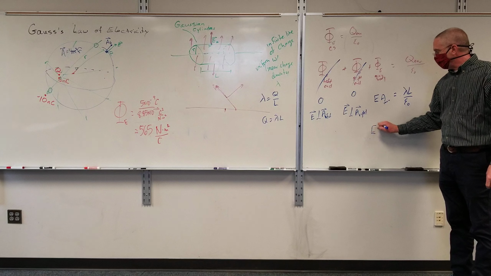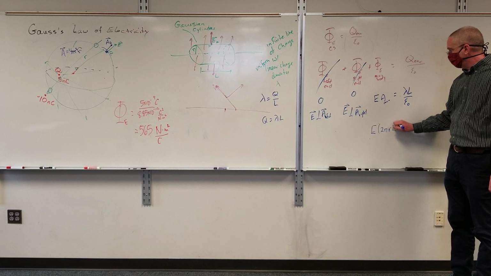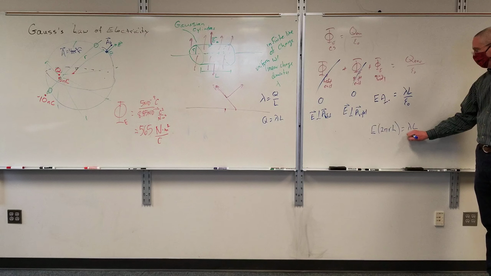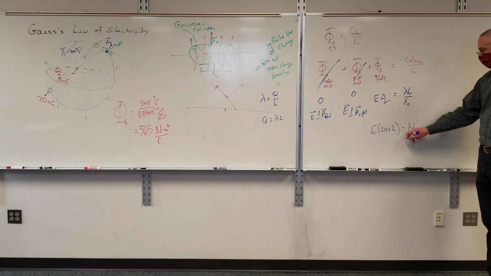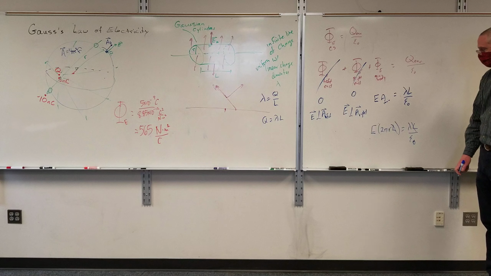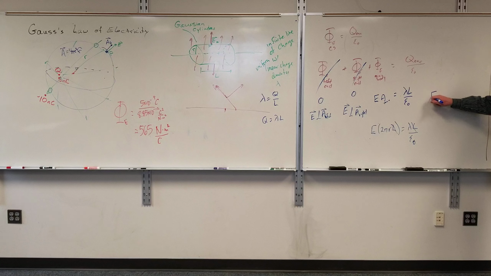So this becomes E times 2 pi r L is equal to lambda L over epsilon sub naught. And the length cancels out. Who would have thought? So the magnitude of my electric field, this E right here, is lambda over 2 pi epsilon sub naught r.